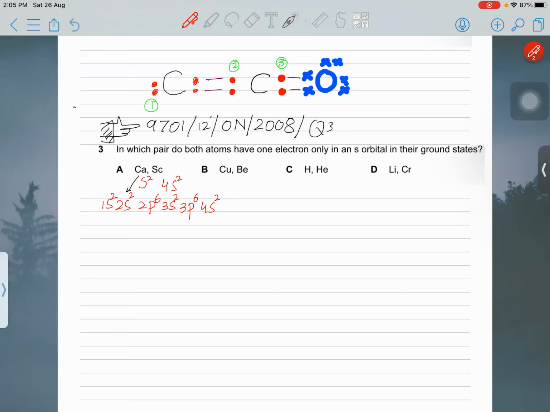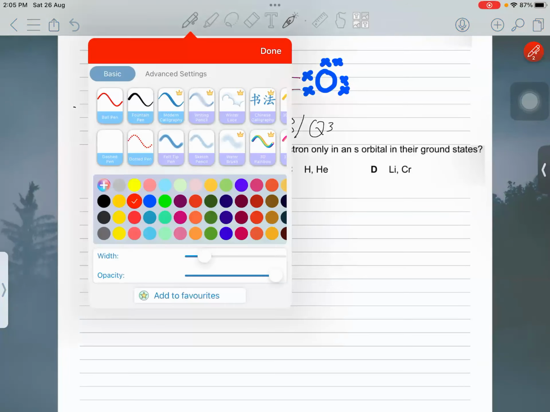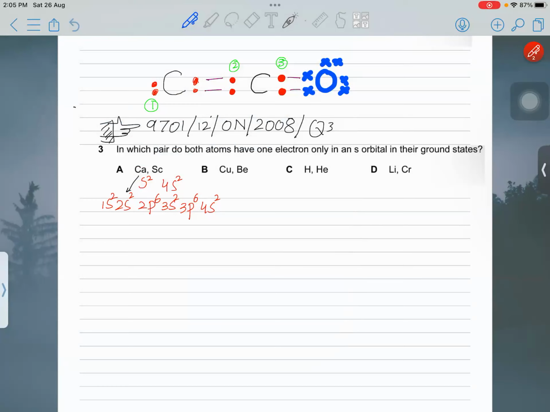So in which pair do both atoms have one electron only in an s orbital? But here you have 4s2. So is this answer correct or wrong? Can you tell me if A is the correct option or wrong option? Wrong. Why wrong? Because it has 2 electrons in s.